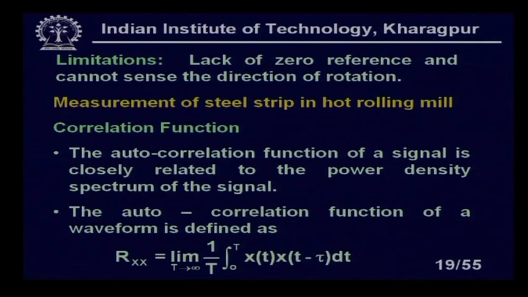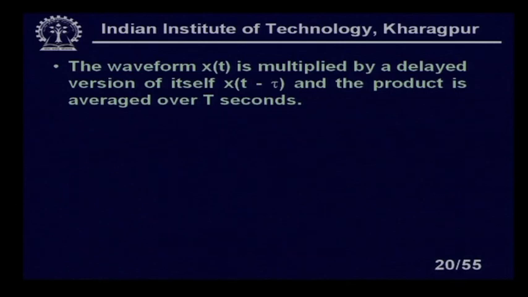The autocorrelation function of a waveform is defined as Rxx(tau) = limit T tends to infinity (1/T) integral from 0 to T of x(t) x(t minus tau) dt. The waveform x(t) is multiplied by delayed versions of itself, x(t minus tau), and the product is averaged over T seconds. If it is multiplied by the same signal delayed by some time, we call it the autocorrelation function.